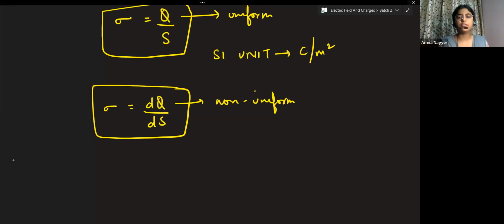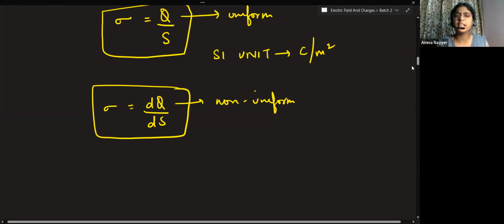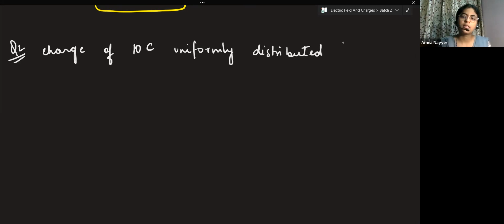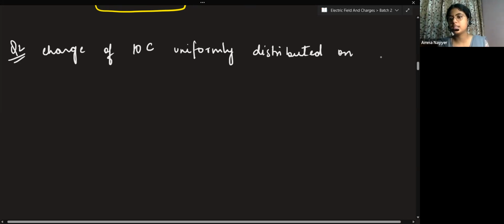Now, if I give you a question based on this, a very simple, direct formula-based question. Let's say a charge of 10 coulomb is uniformly distributed on the surface area.